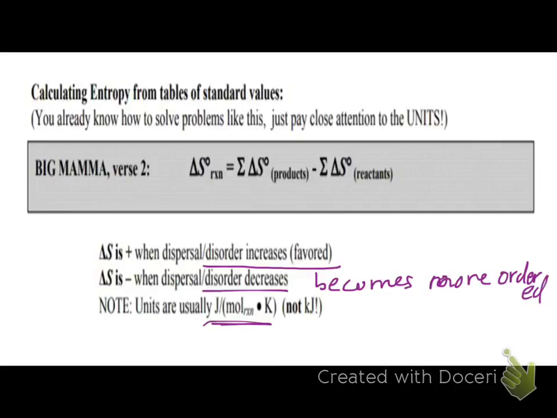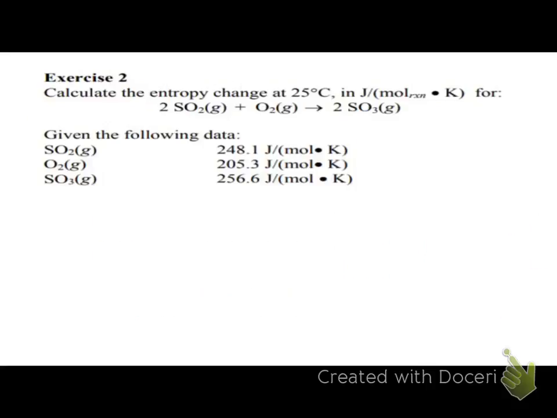So I think we're going to work a problem. Here we have this entropy change for SO2 combining with oxygen to make SO3. So it gives us these values. It's always products minus reactants, right? So we're going to find out what delta S for the system is.